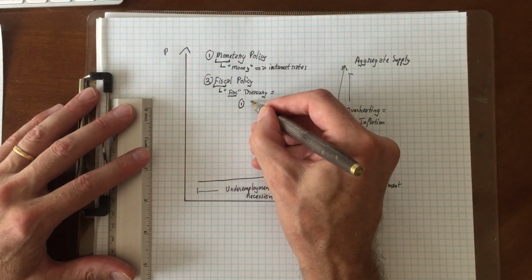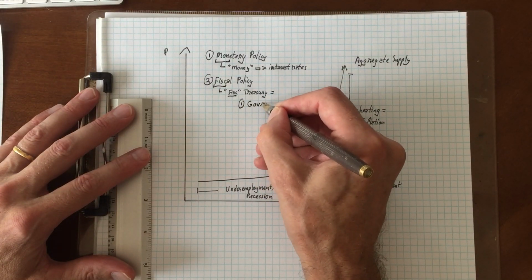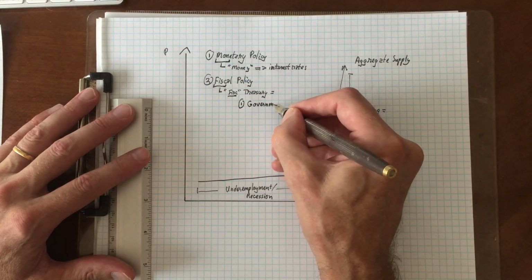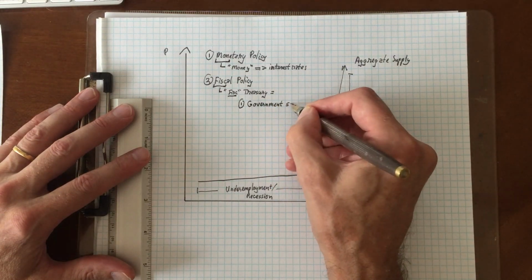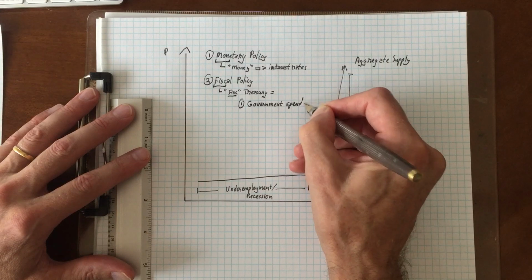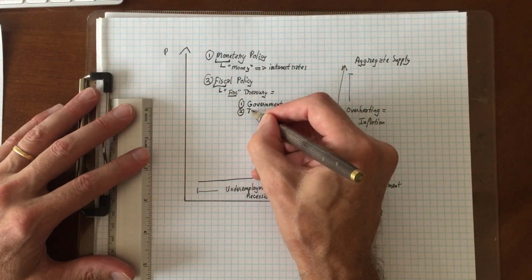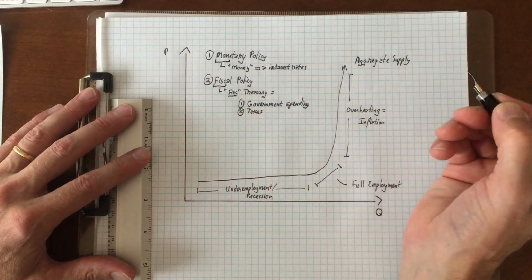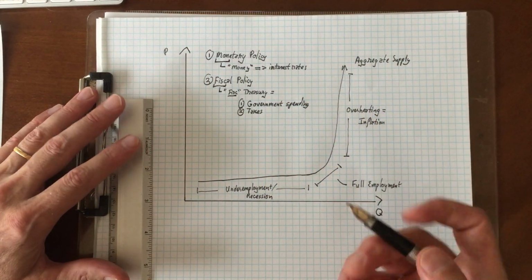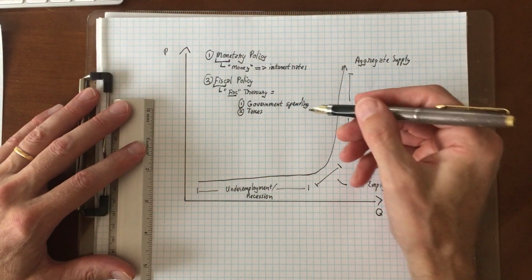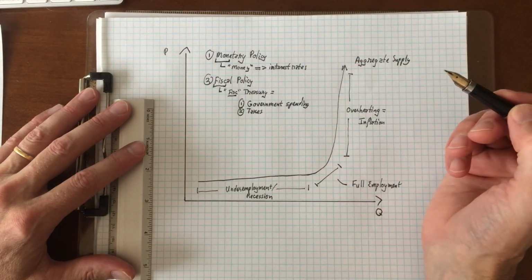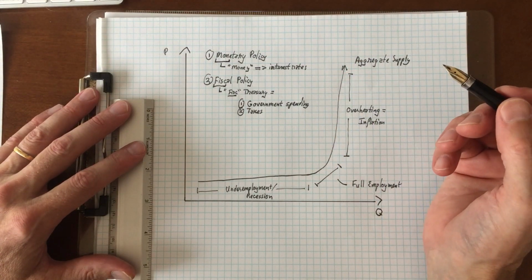One, how much the government spends. So that's money going out of the fisc. And two, taxes. And that's money going into the fisc. Okay? So fiscal policy is government spending and taxes. Monetary policy is interest rates.